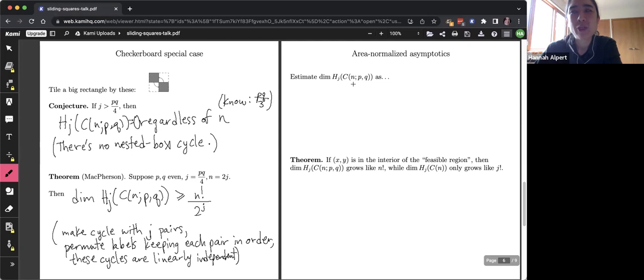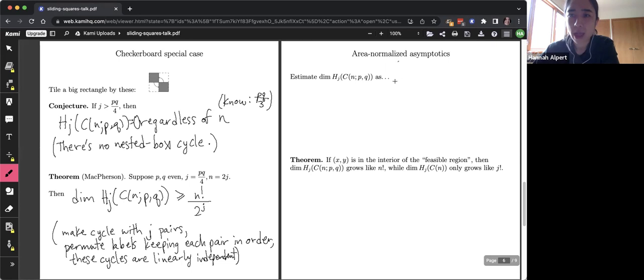So the way to get one sequence of these situations, so we have only one parameter to worry about, is to package them so that the degree of homology, the number of pieces, and the area, P times Q, are all growing together in approximately constant ratio, similar to this case with the checkerboard.